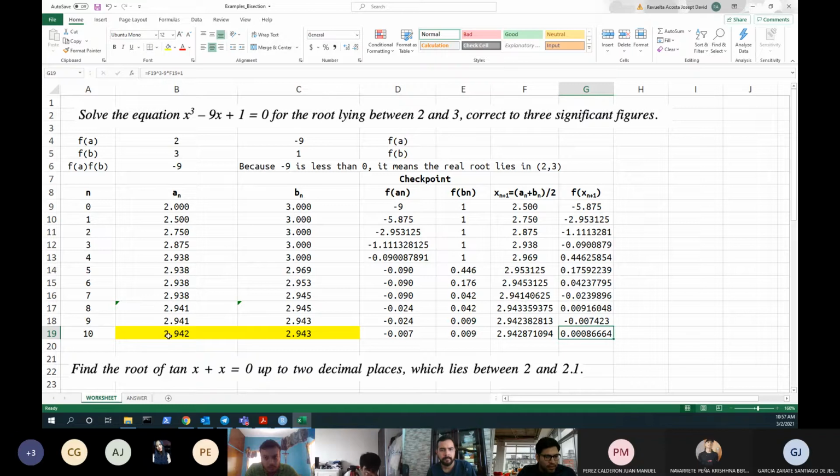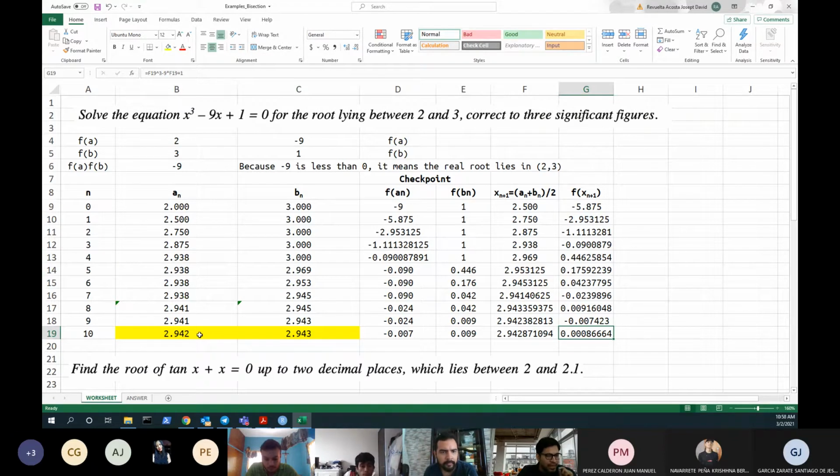So these 3 significant digits are the same. Not decimal digits. Here it says 2 decimal places, but here it says 3 significant figures. So in this case, we have 294 and 294. There are 3 significant digits, so my answer is correct with 10 iterations.